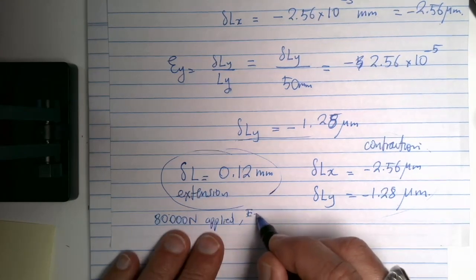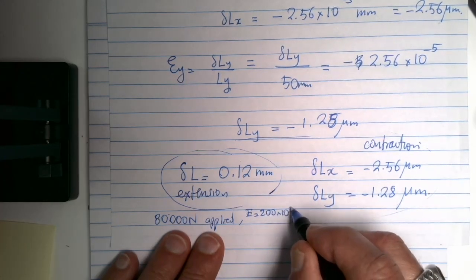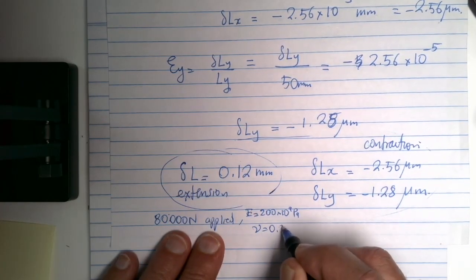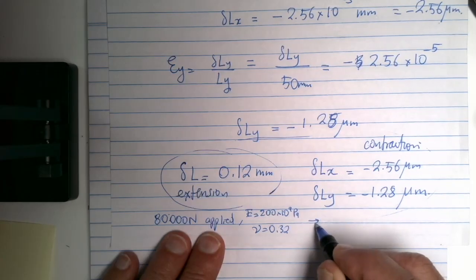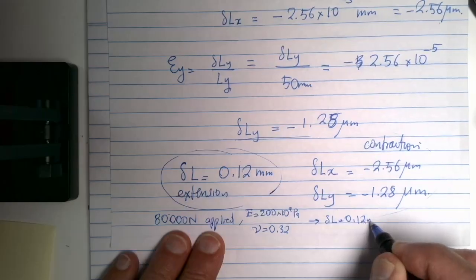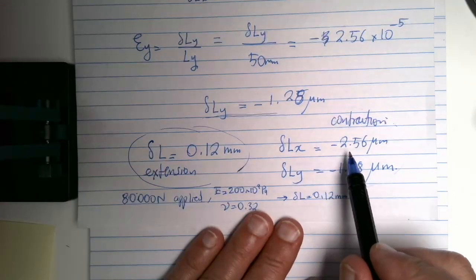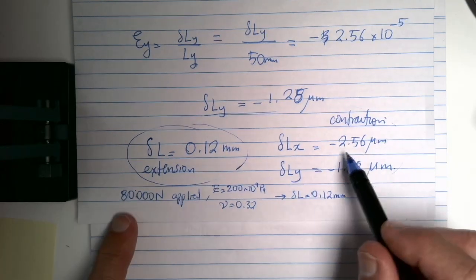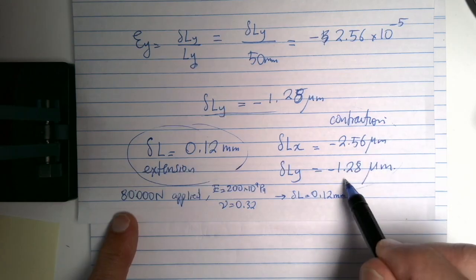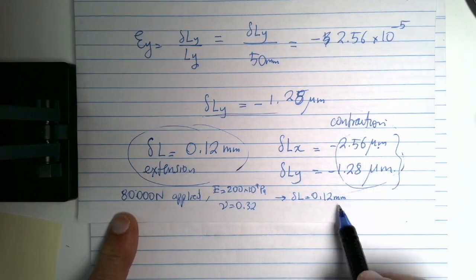Young's modulus is 200 gigapascal or 200 times 10 to the 9 pascal, and Poisson ratio is 0.32. This gives rise to a change in length of 0.12 millimeter, much less than a millimeter extension, and the contractions in x and y dimensions are minus 2.556 micrometer and 1.28 micrometer respectively. This is in micrometers, this is in millimeters.